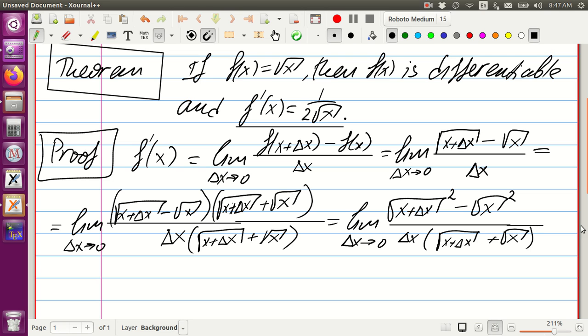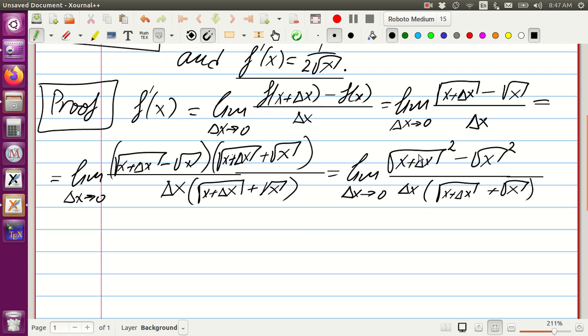We take the square root and square it, so square root squared is just the expression inside. And we get x plus delta x minus x, divided by delta x times parenthesis square root of x plus delta x plus the square root of x.